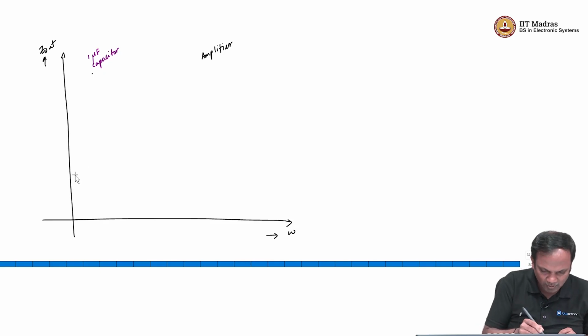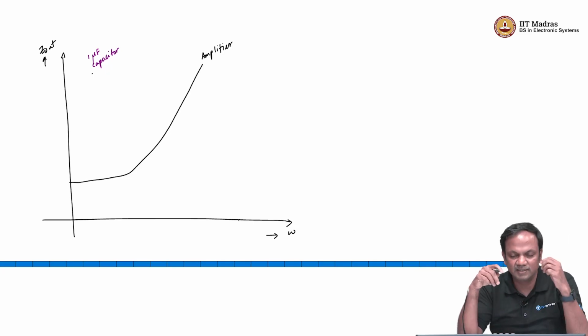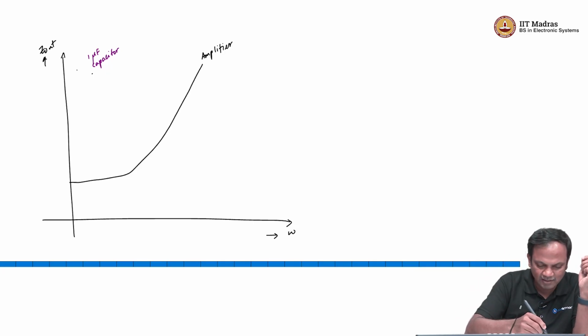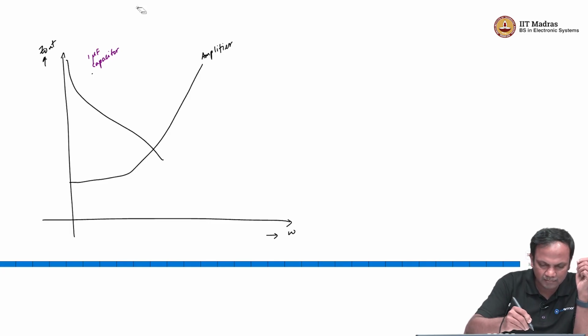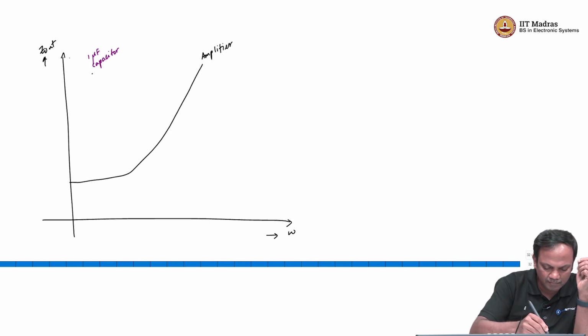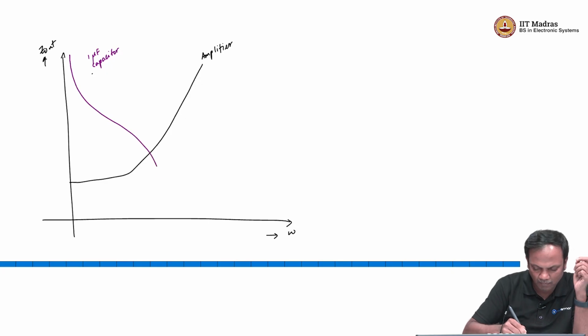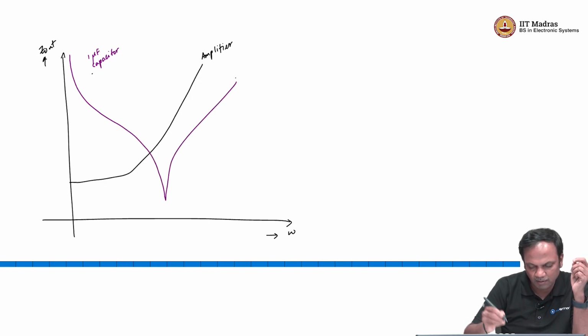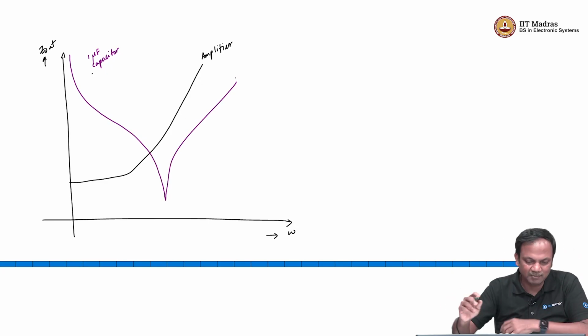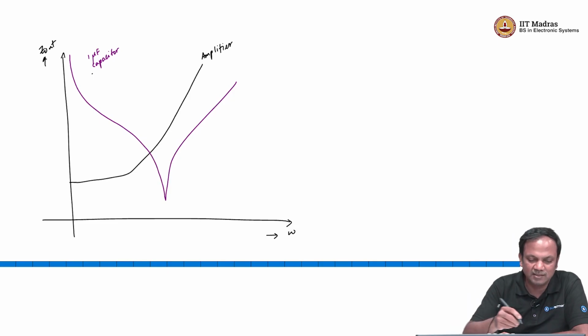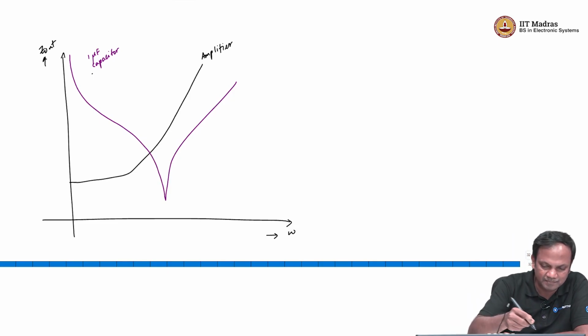So, now let us go back to the amplifier, which did something like this in terms of its output impedance. What we just learnt is that a 1 microfarad capacitor does something like this. Again, pardon my drawing, but you get the idea.